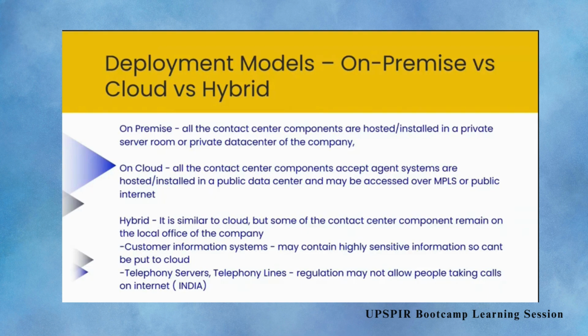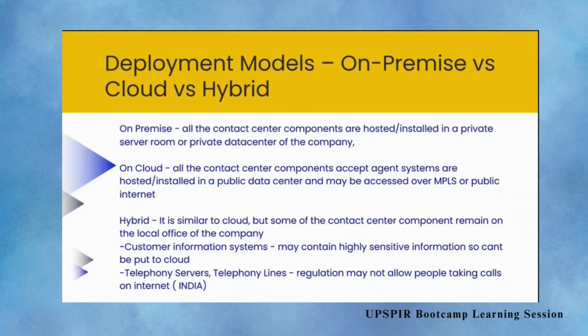In a large setup, or today, because cloud has become very popular, we have public cloud call centers. Normally, this is called CCC, cloud contact center or a hosted contact center, in which all these components are put on the cloud, like Azure or AWS, etc. We can have them in a hybrid mode also. So we can also put them on data centers. We can have some components on the cloud and some components on the local office.